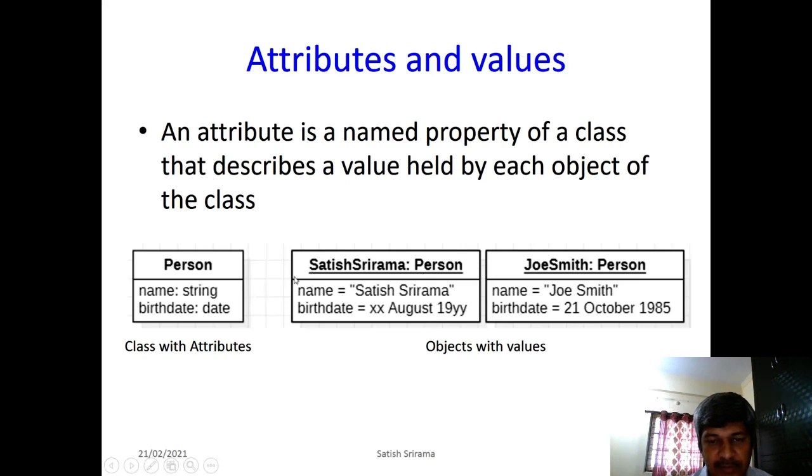Same for the objects. As you may have noticed, the objects are underlined. This is the object name, then a colon, and then person is the class. There is an underline for that, and again in the second compartment you have the exact values of that particular object for those attributes. That's about attributes and values.